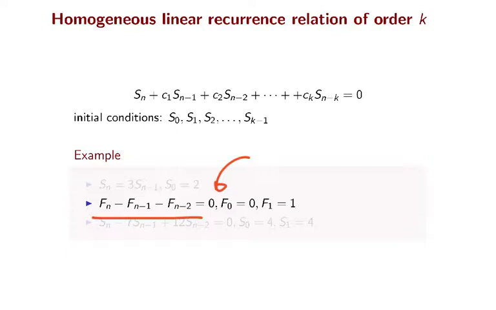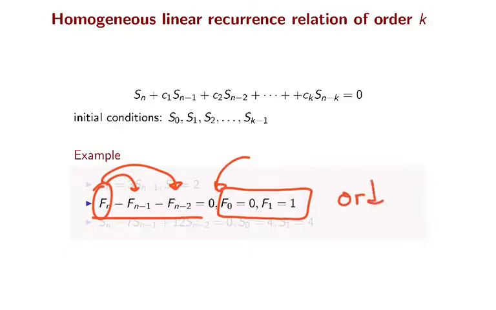So this expression is a homogeneous linear recurrence relation. And the order of this expression is 2, since Fn is given in terms of the two previous ones. You can also check that the number of initial conditions is 2.